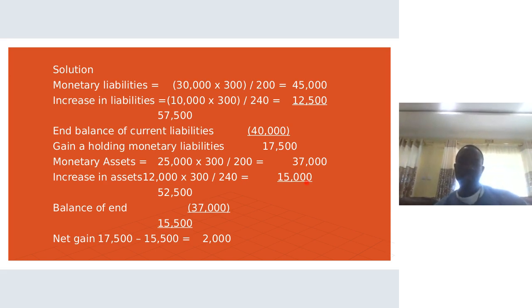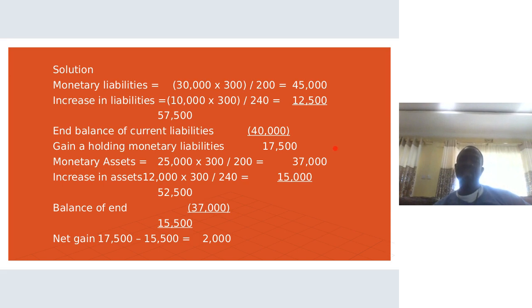Now, if you add the 15,000 to the conversion that we have found out for the 25,000, which is 37,500, that will give us 52,500.